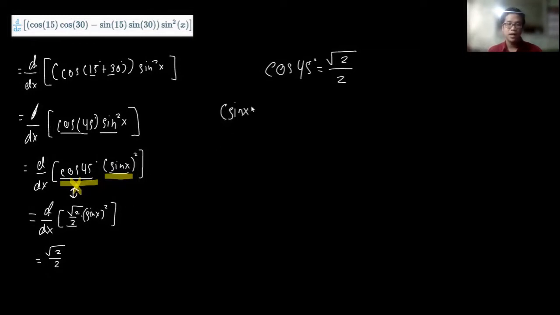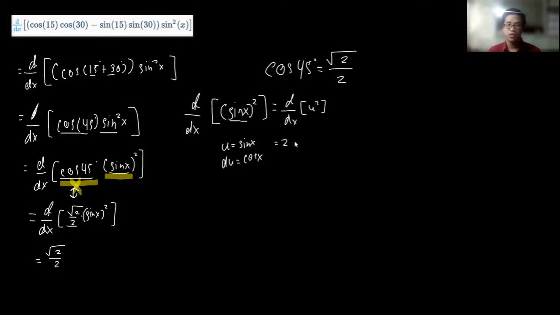For sine x squared, hold on, let's do it again in a slow manner. Sine x is your inner part, so I will let u be sine x. Then the derivative of sine x, your du, is cosine x. So I can rewrite this as the derivative of u squared.